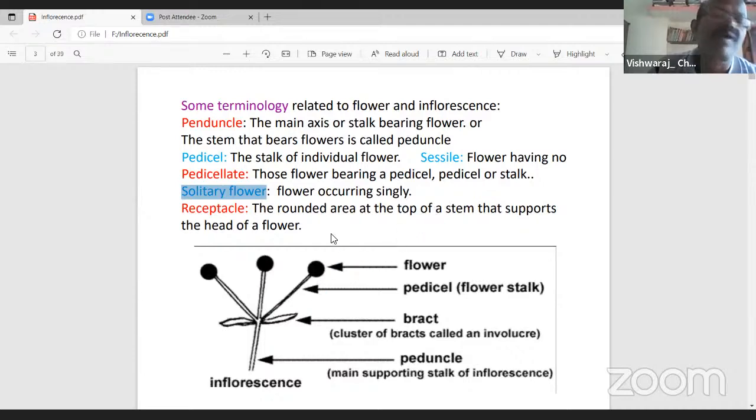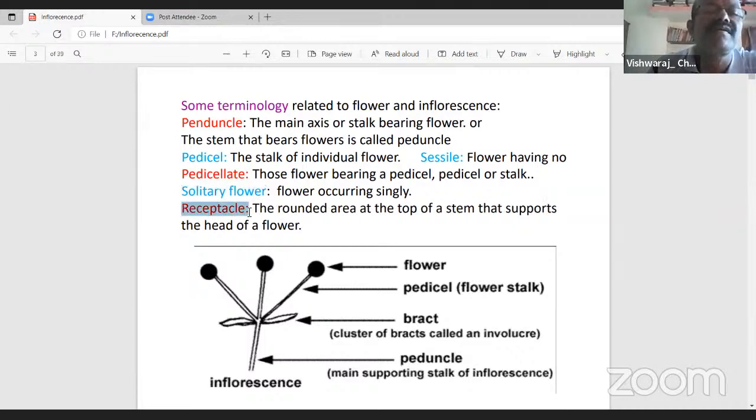And a group of flowers, suppose babul, mango, then ginger, onion, coriander, kothambir. This example is a group of flowers, and this is a solitary flower, single flowers.